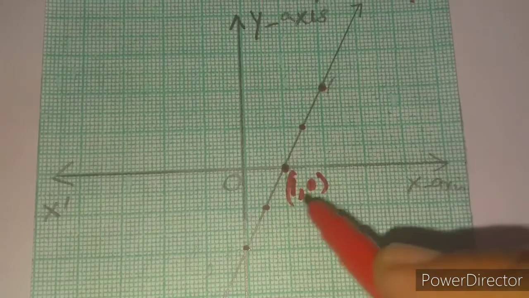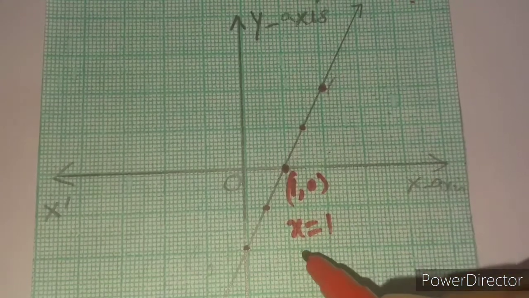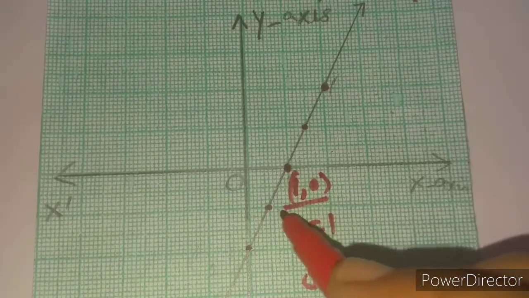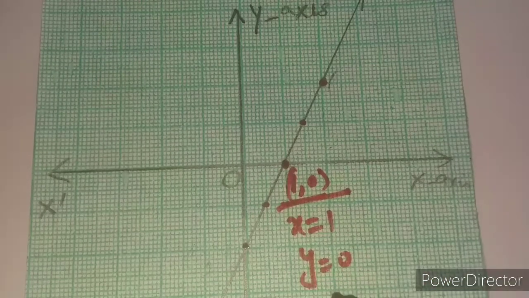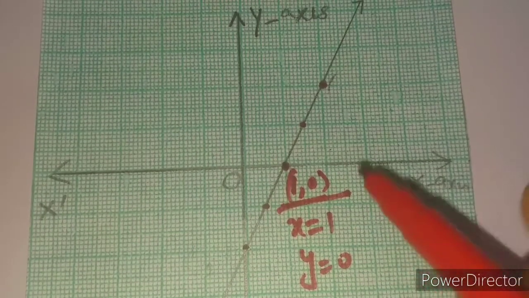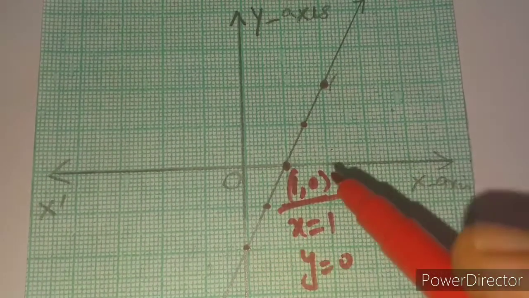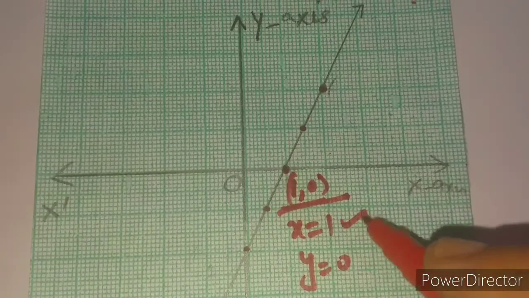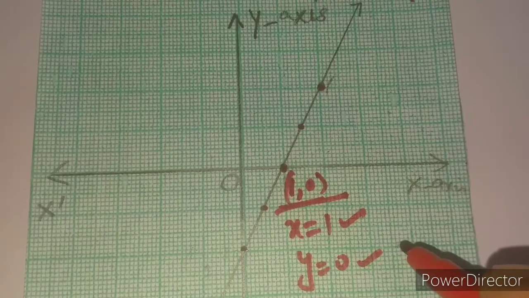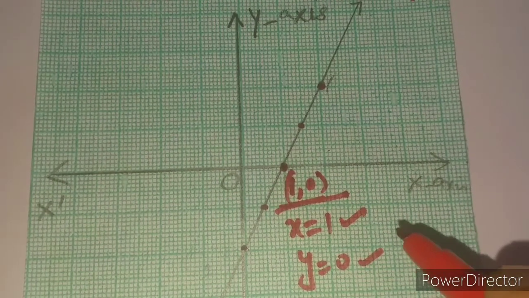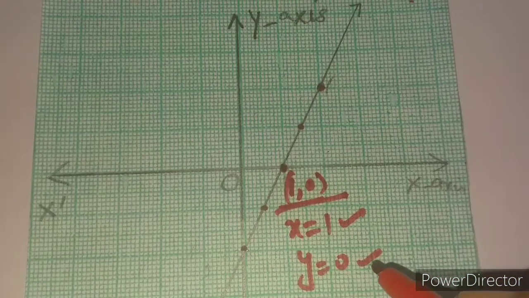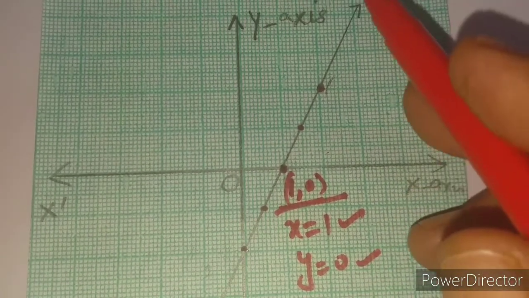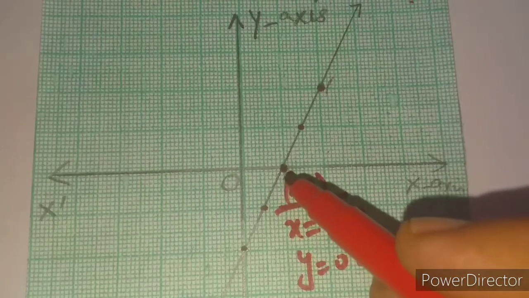This point means x equal to 1 and y equal to 0. This is the meaning of this coordinate. x equal to 1 and y equal to 0 lies on this line, means what? That these values will satisfy the equation of that line. This is the meaning of existing on this line.